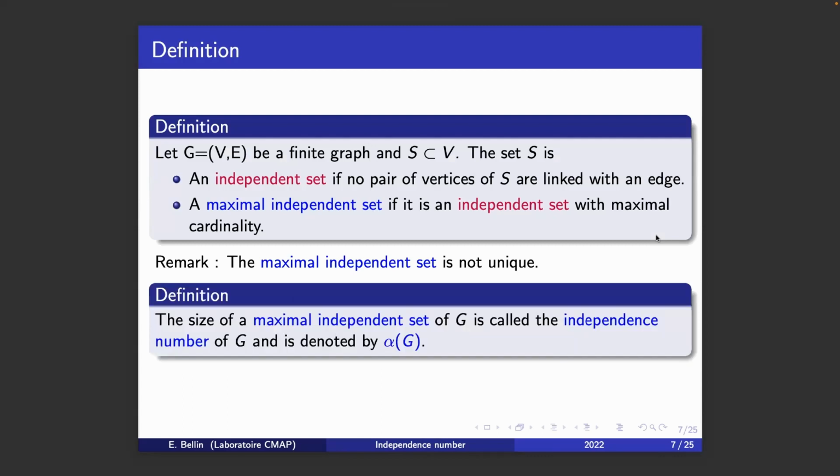As you can guess, the independence number is just the size of a maximal independent set, and I call it alpha of G for a graph G. Our goal is to study this number for large random trees. More precisely, I will look at Tn, a random BGW tree, where BGW means Bienaymé-Galton-Watson, also known as Galton-Watson trees, conditioned on having n vertices.